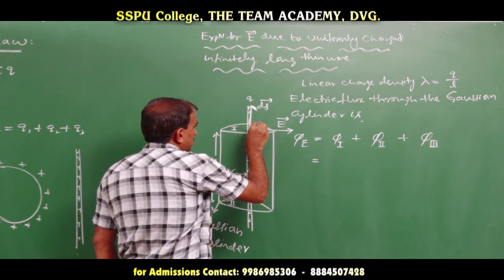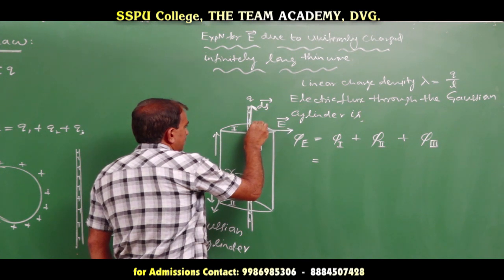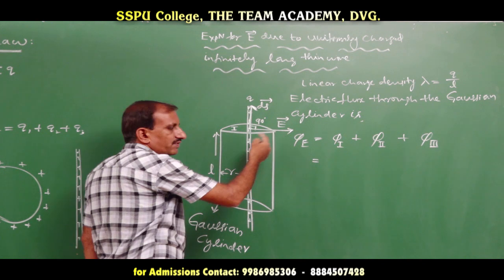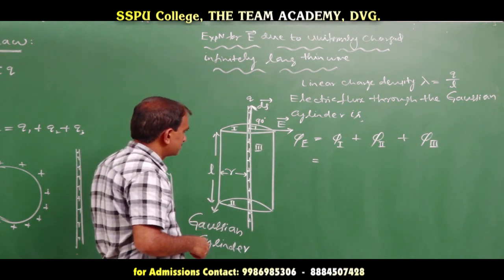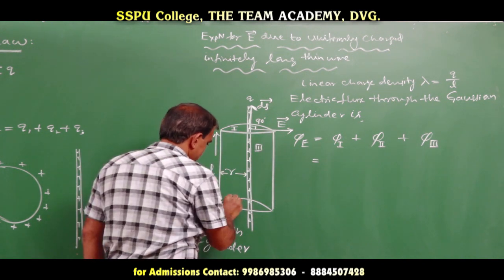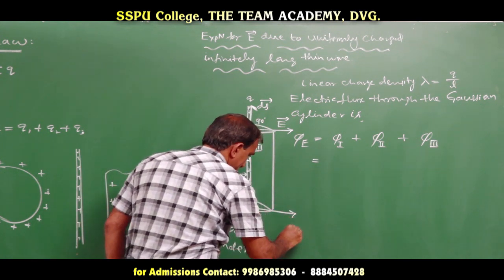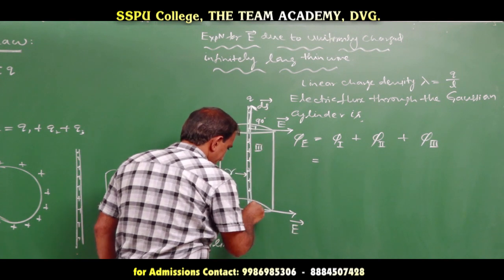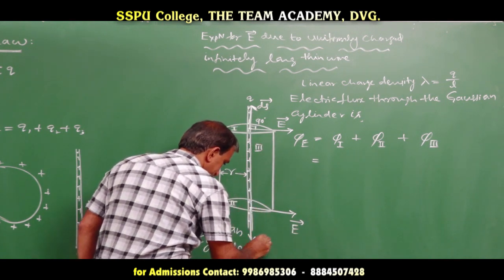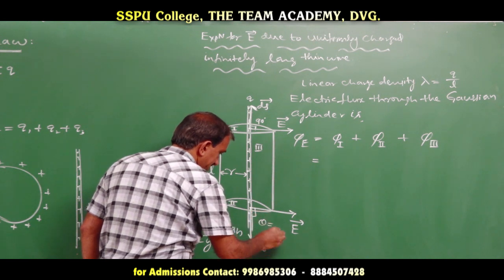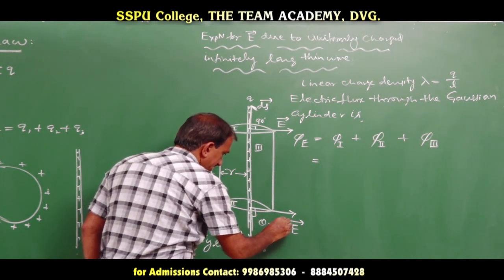Therefore, there is a 90 degree angle between the intensity vector and the area vector. Here in the second end cap, the electric intensity E is in this direction and the area vector ds is in this direction. So here also the angle between E and ds is equal to 90 degrees.